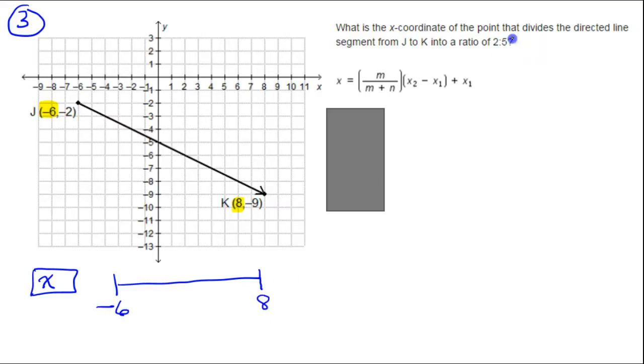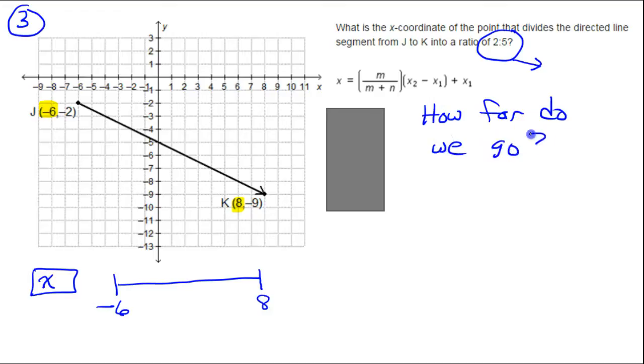Now the first thing I'm going to do is look at this ratio, and like I said on the previous problem, I need to turn this into a fraction because I'm answering 2 questions. How far do we go? And where do we land?